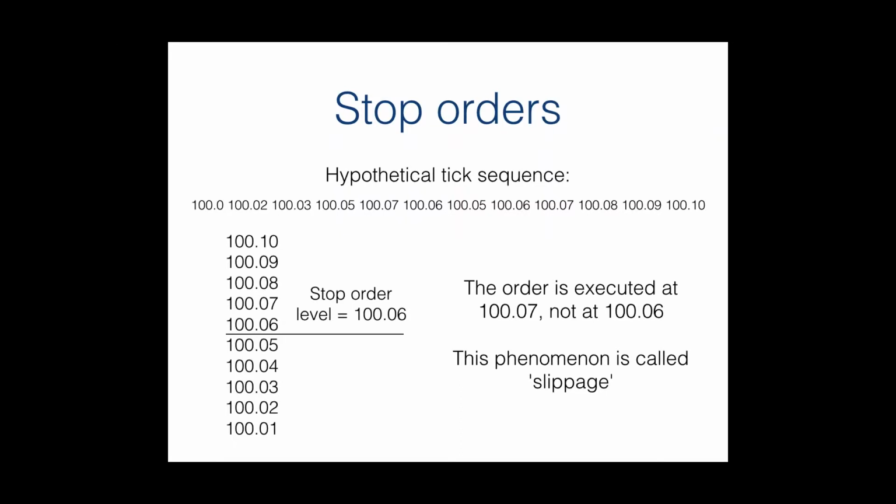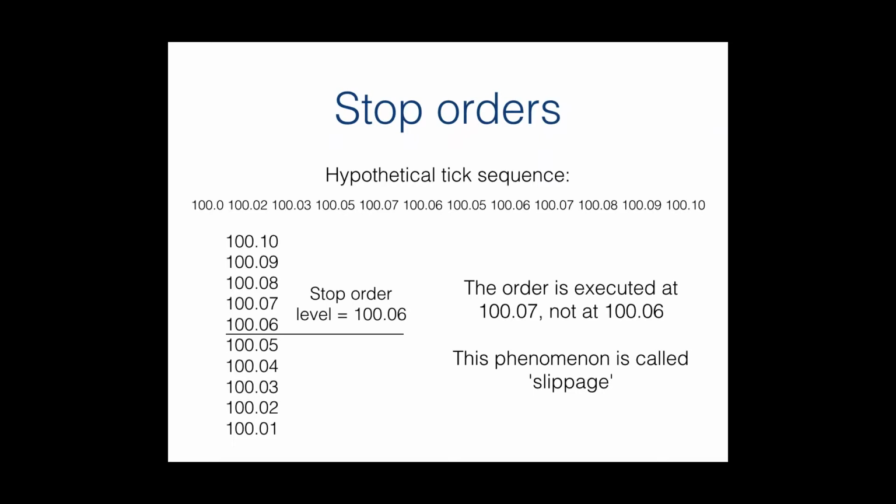Let's imagine a hypothetical sequence of ticks shown above in this slide. We can see that price oscillates up and down, and not always there are ticks at each price level. There are a number of explanations to this phenomenon. In exchange-traded markets, it's caused by a momentary lack of liquidity.